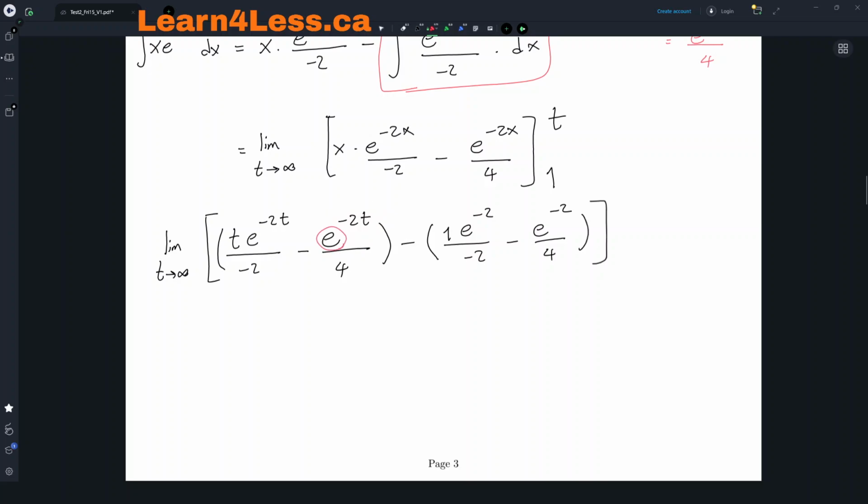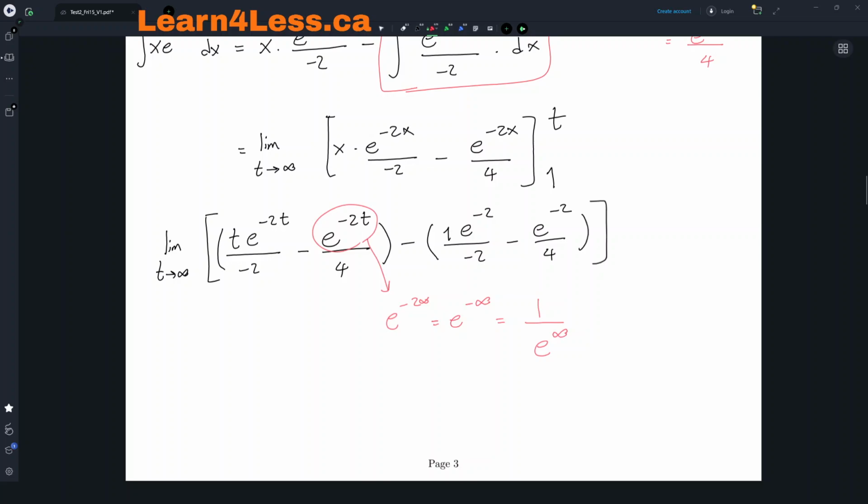We have e to the power of negative 2 times infinity, and 2 times infinity is basically the same as infinity. Let's analyze that separately here. E to the power of negative infinity: what does that negative do? It means reciprocal, so it's 1 over e to the power of infinity.